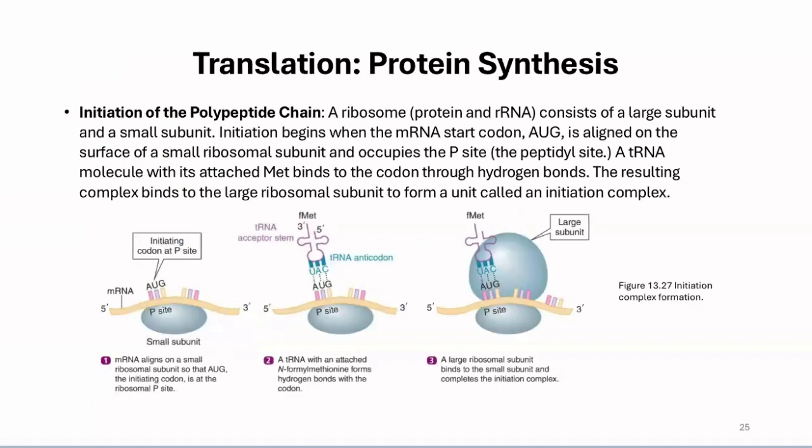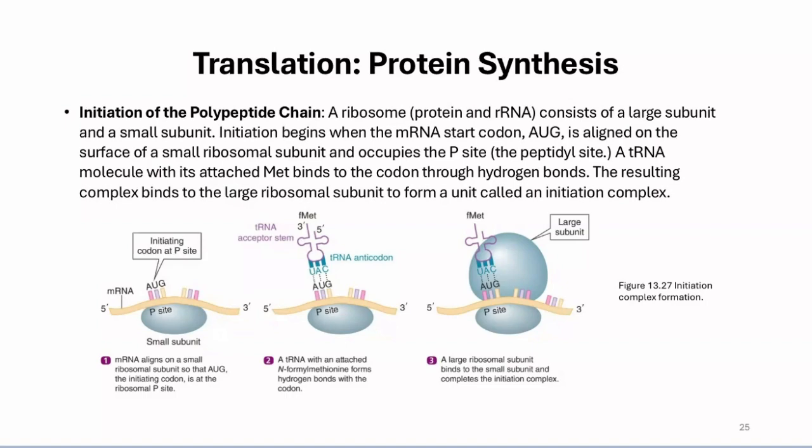During the process of translation, in other words protein synthesis, we're going to have an initiation step. In this initiation step, we're going to have at the cytoplasm a ribosome, which is made out of protein and ribosomal RNA, and consists of a large subunit and a small subunit, come together and meet the mRNA that came from the nucleus.